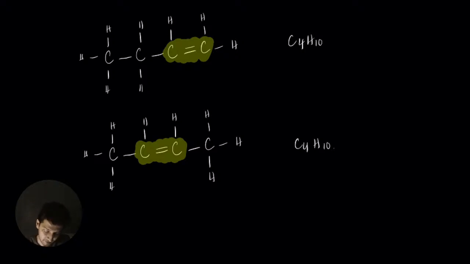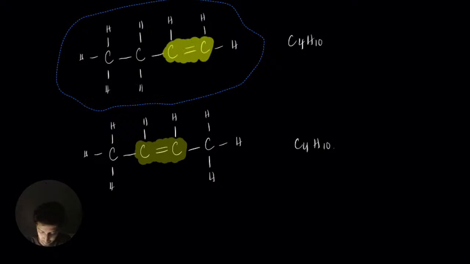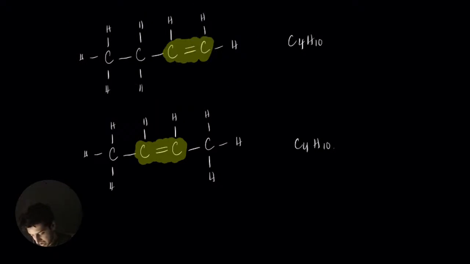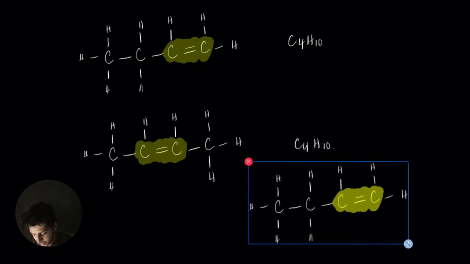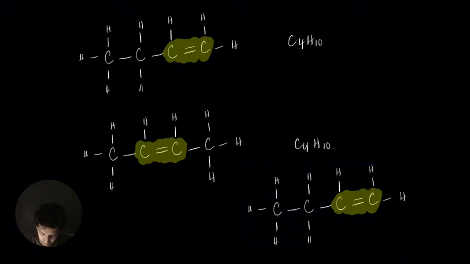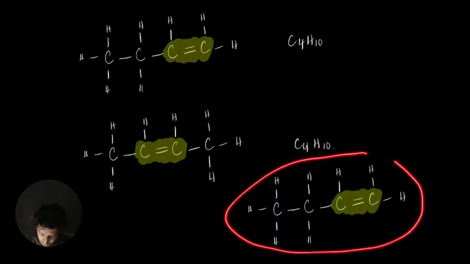How are they isomers? They're isomers because their structure is not matching. Well, for one thing, if I have another molecule over here, the glowing one, does this match this one?